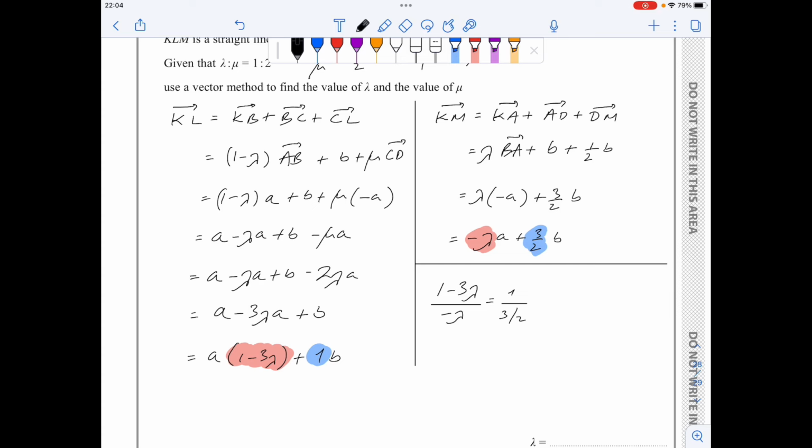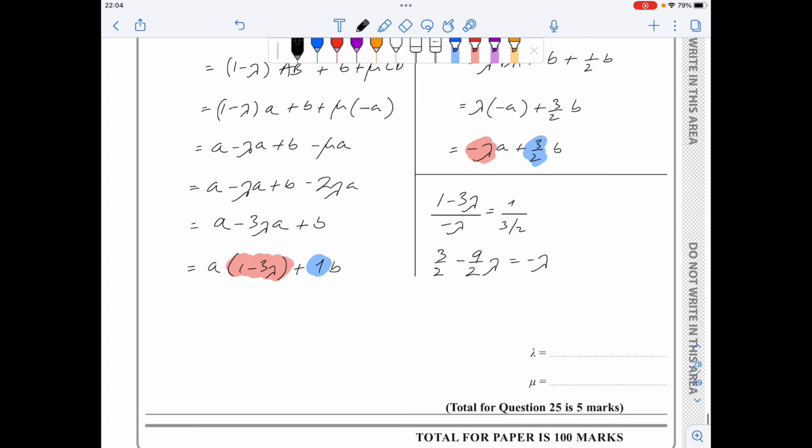Let's cross multiply. 3 over 2 minus 9 over 2 lambda is equal to minus lambda. Let's get all the lambdas on one side. 3 over 2 equals 7 over 2 lambda. So lambda is equal to 3 over 2 divided by 7 over 2. This will give me 3 over 7. And because mu is equal to 2 lambda, this will be 6 over 7.